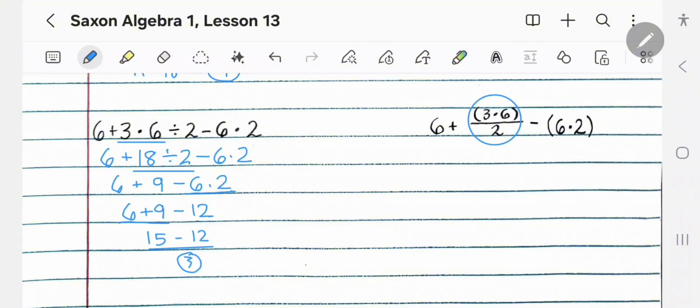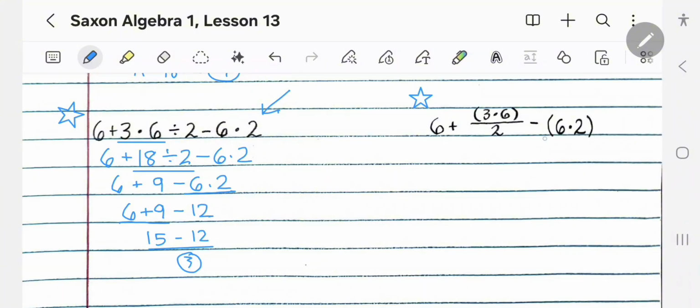It makes it more clear than writing it this way. But most textbooks are going to write it the way we just did it, okay? Saxon tends to usually write it like this on the right side. So I want you to see how that works. Going to get the same answer, but look and see which way you think is clearer and faster.